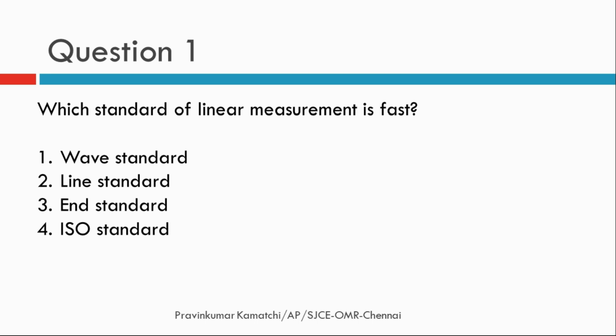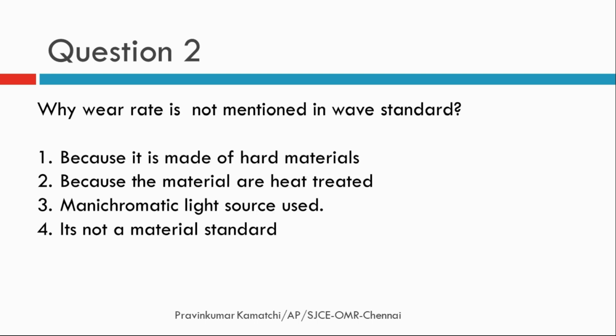Question number 2. Why is wear rate not mentioned in wave standard? Because it is made of hard materials, because the materials are heat treated, because monochromatic light source is used, or it's not a material standard? Question number 3.